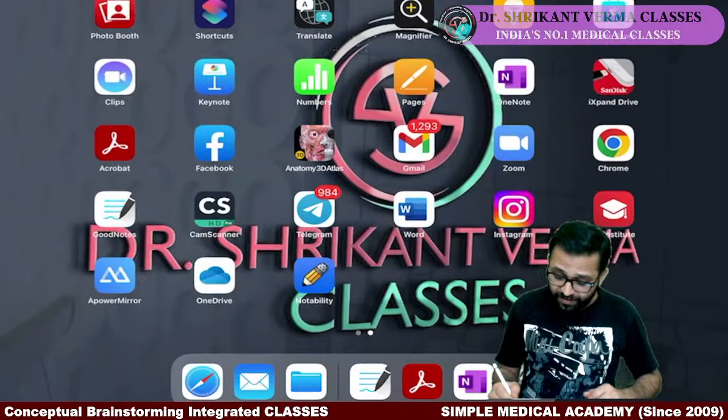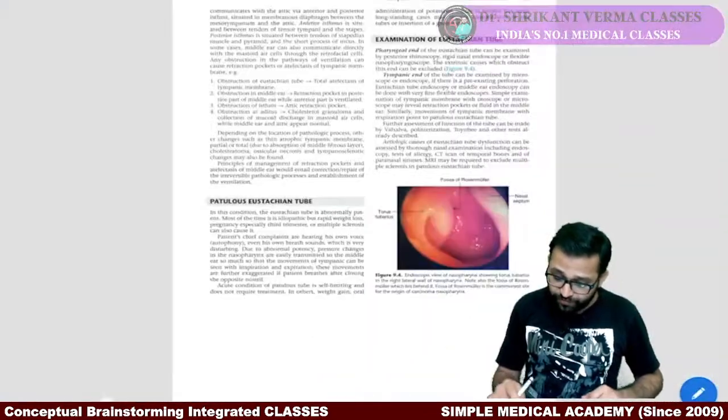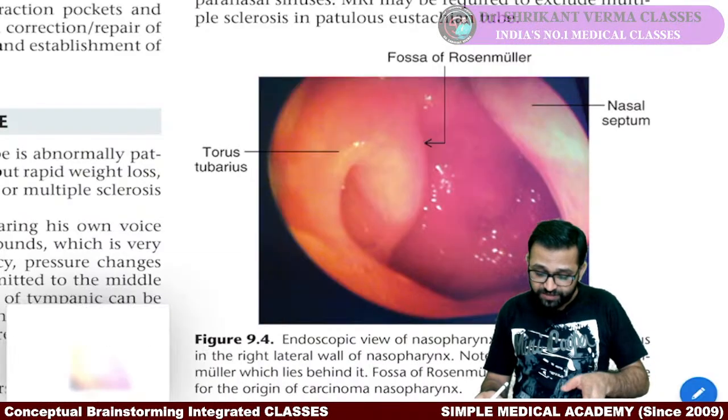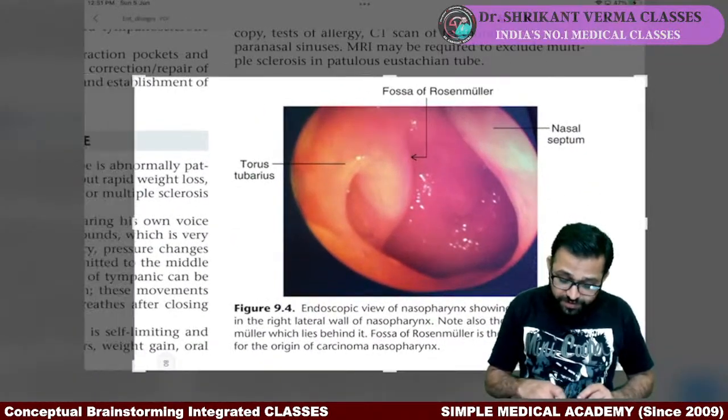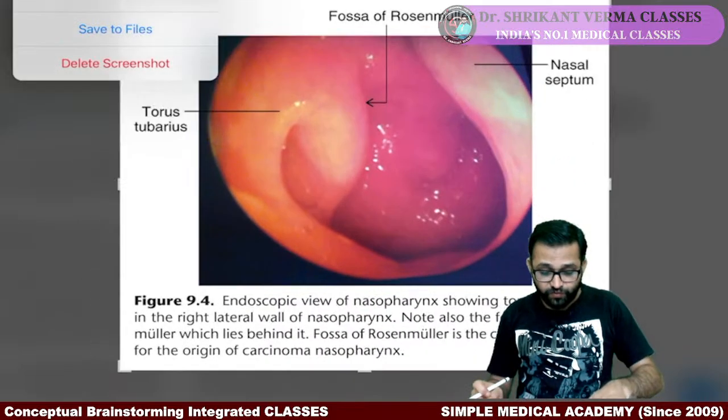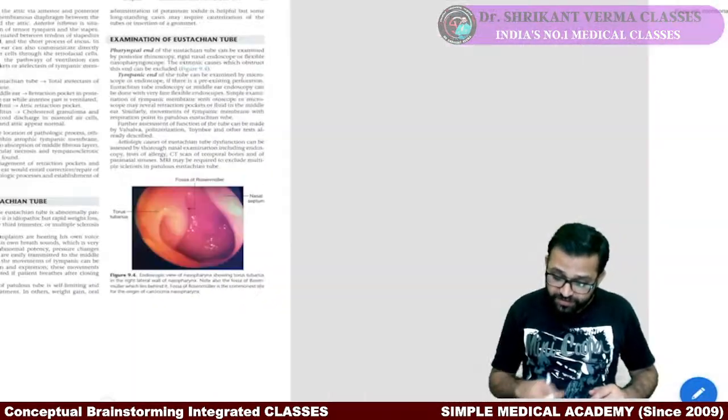Just one image for all of you to make it easier, an endoscopic view, an image based session from your textbook, Dhingra sir's textbook.